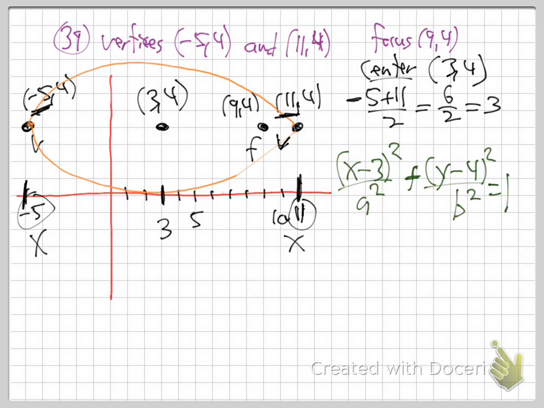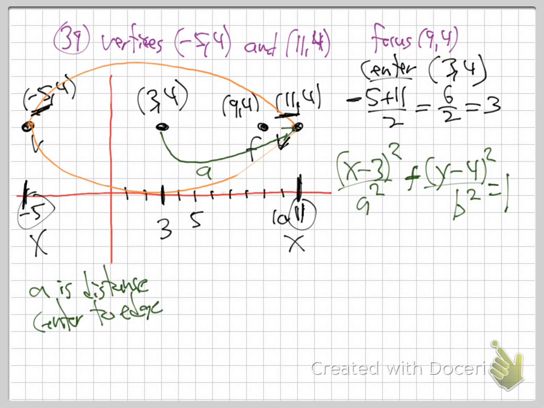How do you find those? What are a and b? A is the distance from center to edge. Remember that?